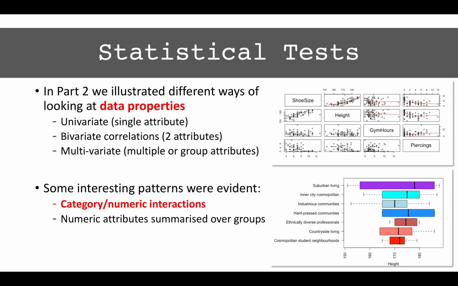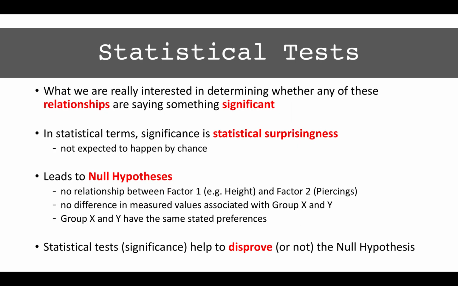And we also looked at some category numeric interactions, where we looked at the differences across different groups, and whether, for example, mean height. We identified that height was different across different groups, and perhaps what we want to know is whether those differences that we observed are significant.